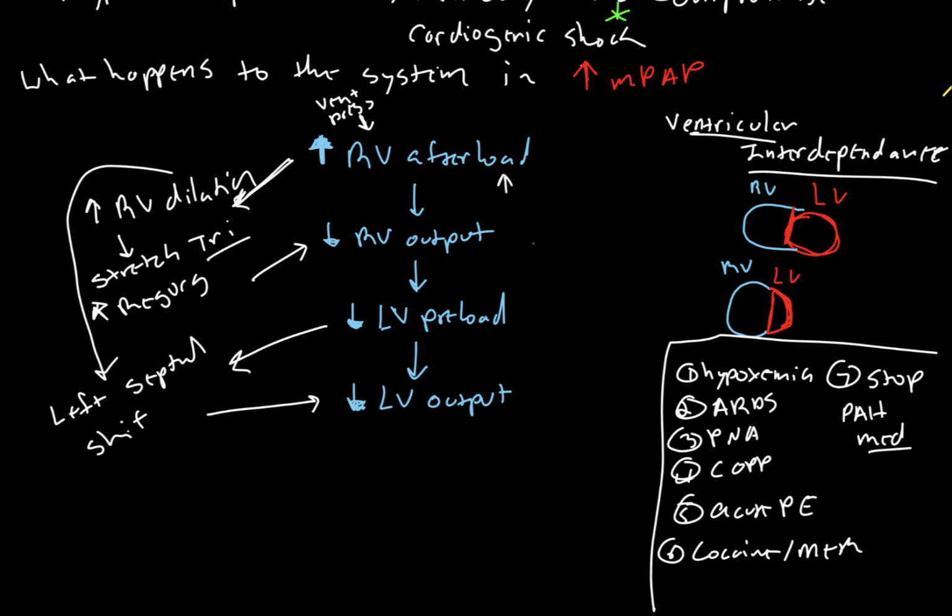Okay. And also what can cause this RV afterload is atelectasis. Increase in RV afterload. And the way that works is that when the alveoli collapse around the vasculature, it causes a higher level of resistance. So therefore, that's going to increase RV afterload by increasing your pulmonary vascular resistance, which we established in that previous equation, is a major factor in determining this.